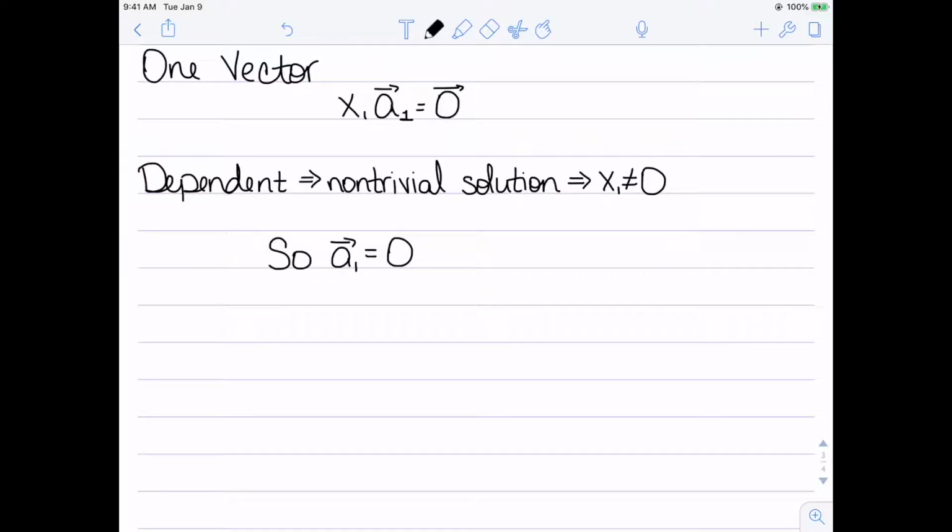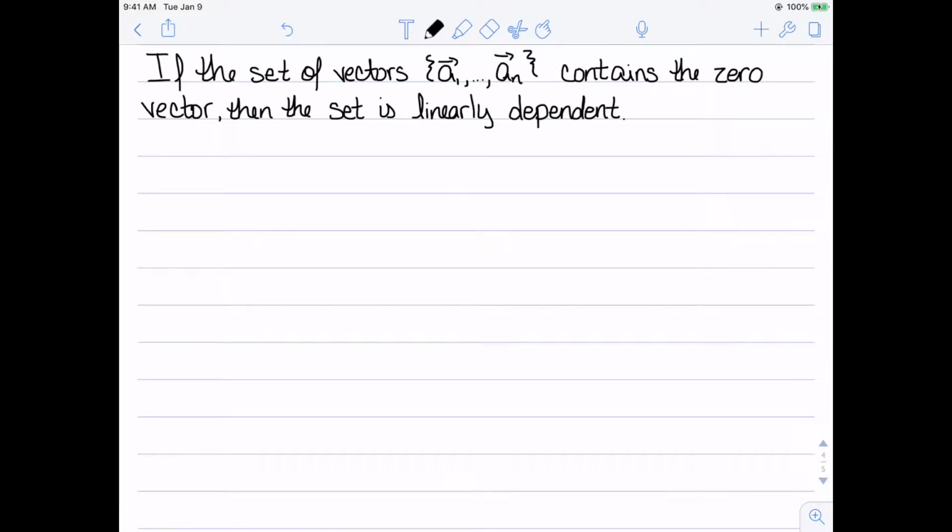And we can actually expand this idea using more than one vector. So the expansion of this: if the set of vectors a1 through an contains the 0 vector, then the set is linearly dependent. So let's try to prove this.